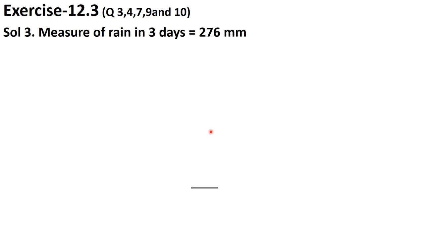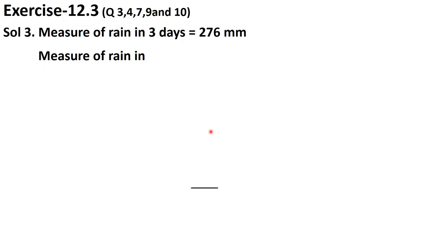Assume that the rain continues to fall at the same rate. Now see the solution. Measure of rain in 3 days is 276 millimeters.